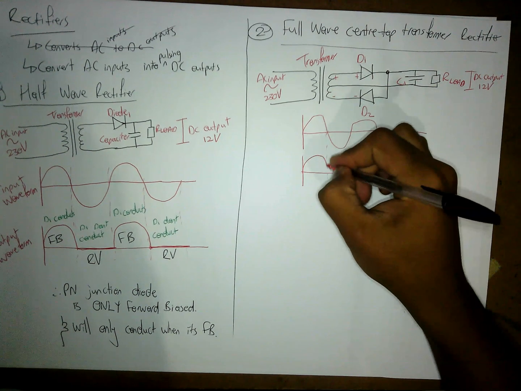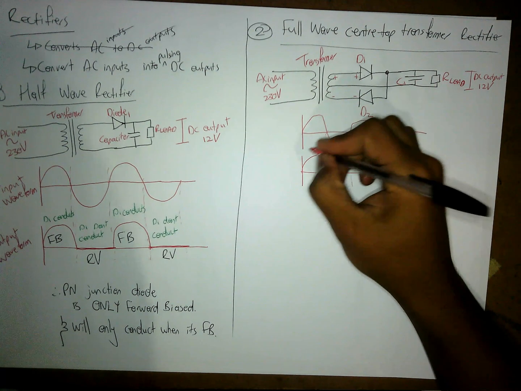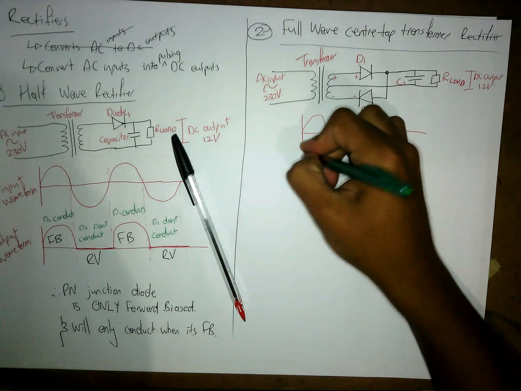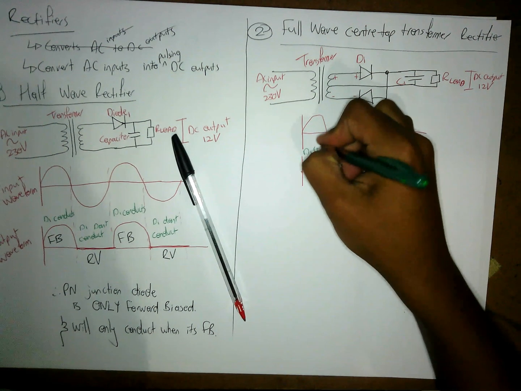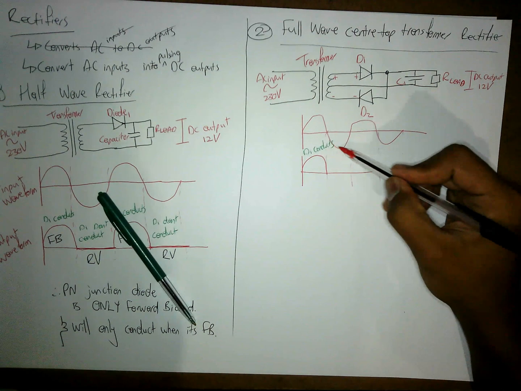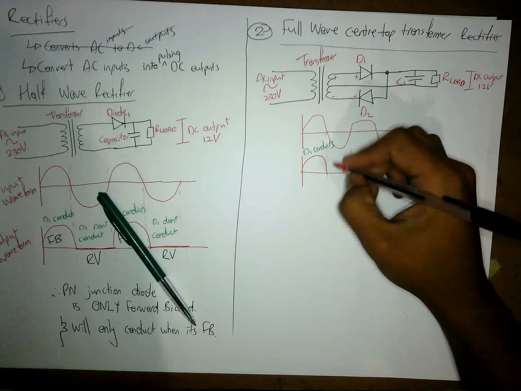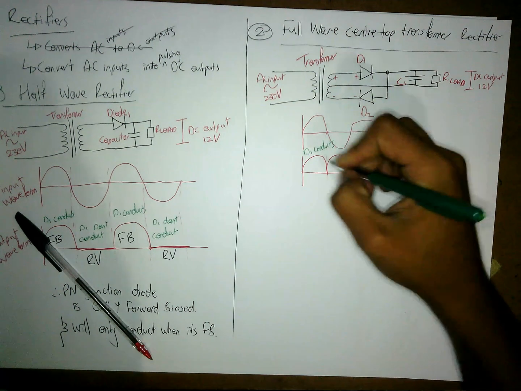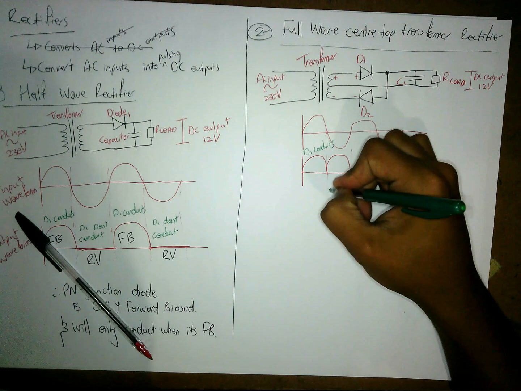So then we get a ripple there. We say here D1 conducts. When we're in the negative cycle, D2 will conduct. Then we get a ripple like this.